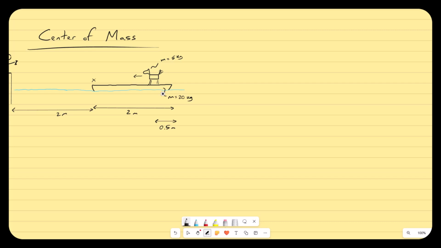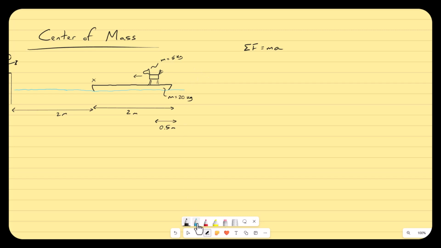If there's no net force on the whole system, then that means the center of mass is not accelerating, right? We said sum of forces is equal to mass times acceleration. If the net force on the system is 0, then there's no acceleration, so the center of mass stays where it is. So let's find where the center of mass is right now.